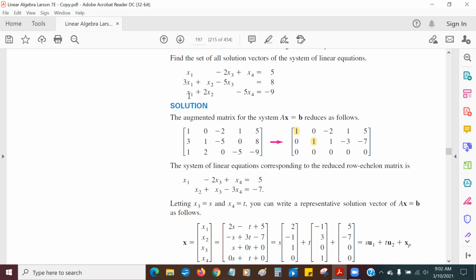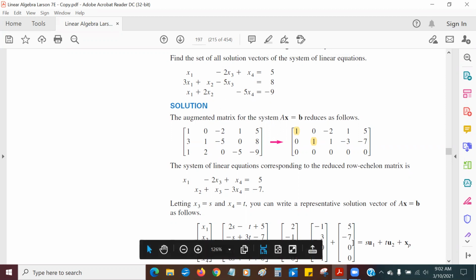And here I get 5 minus 14 minus 0 equals negative 9. So if I plug 5, negative 7, 0, 0 into the original system of equations, I would get the actual non-homogeneous solution.